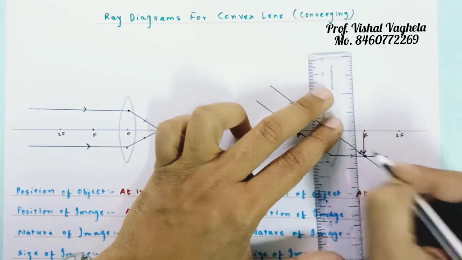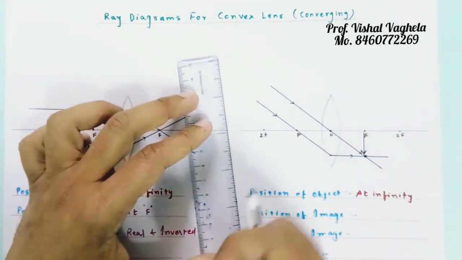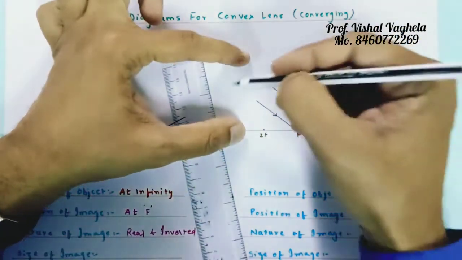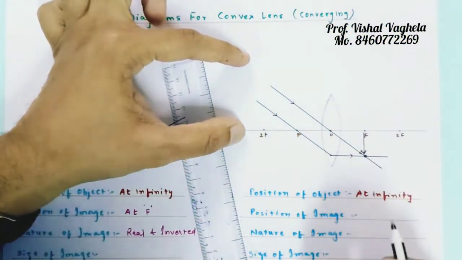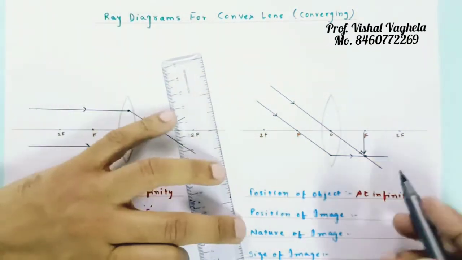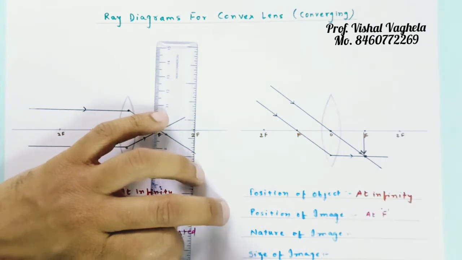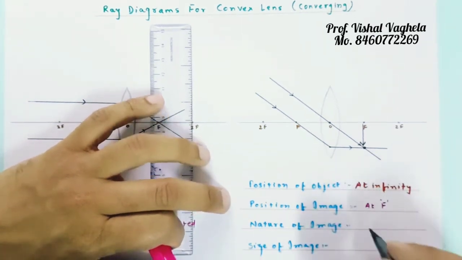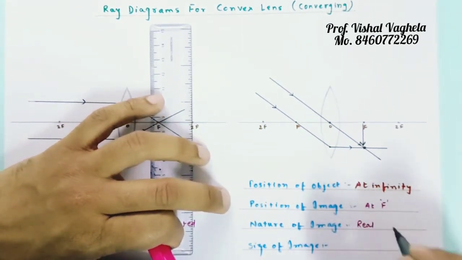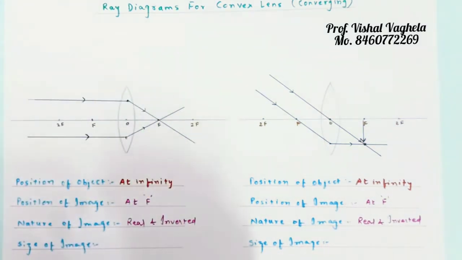The head of the image would be down if we consider the head of the object to be up over here, because with respect to the object whose head is up, this is a real and inverted image. So image is formed at focus, position of image at f. Nature of image, again real and inverted. And size, as I said, we will be discussing after a particular case.